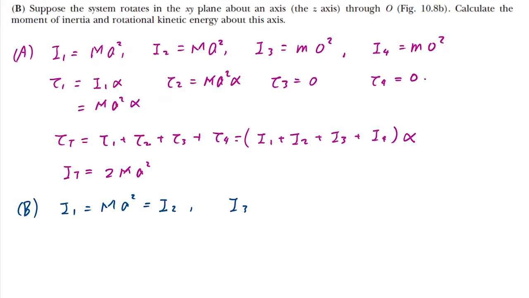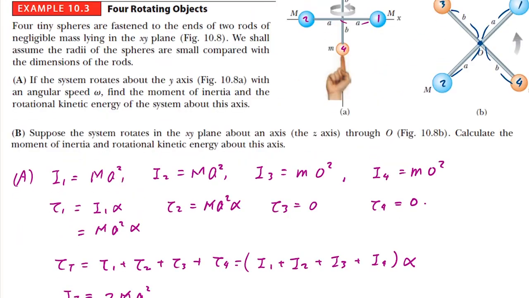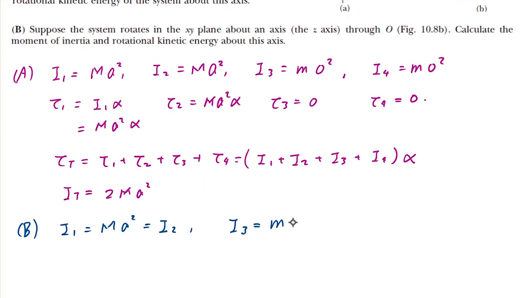And I3 is equal to lowercase m B squared, and that is also equal to I4, correct? So in this case, the total moment of inertia is equal to 2 MA squared plus 2 lowercase m B squared.